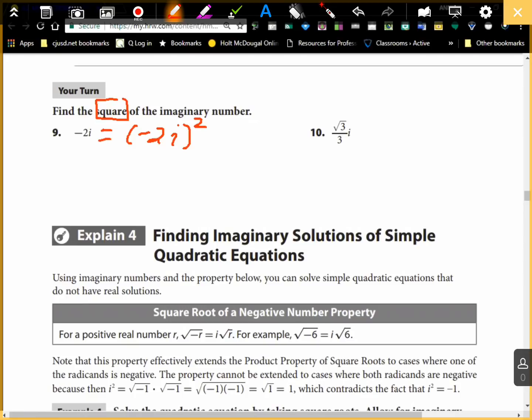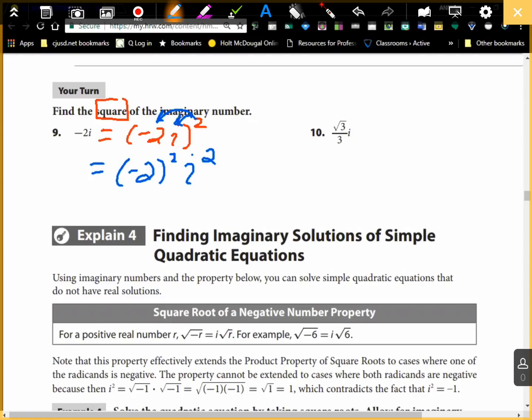Audrey, what can I do with that square? What did we do on the last problem? The square, did the square just go to one value or did the square go to all the values? All of them. So it distributes to each item. So I get negative 2 squared and i squared. It distributes across multiplication.